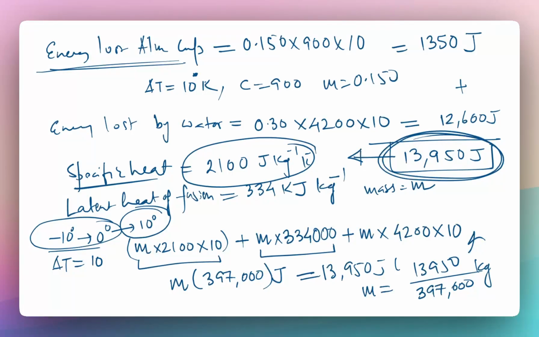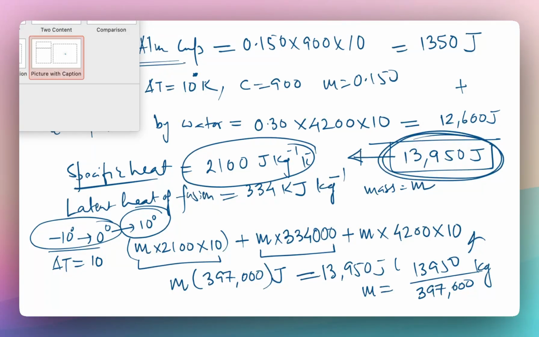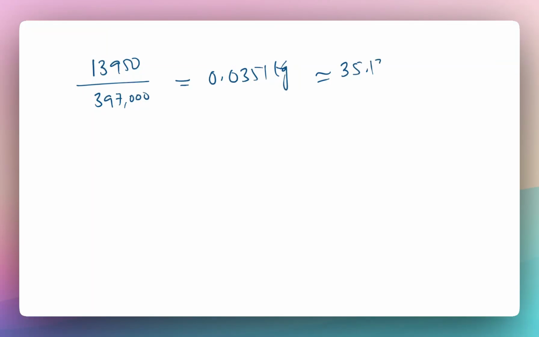You can compute that. 13,950 divided by 397,000, and that is 0.0351 kilogram, or equal to 35.13 grams.